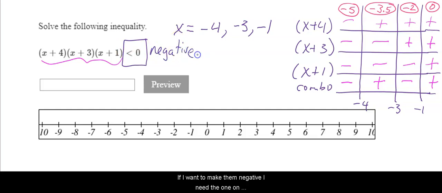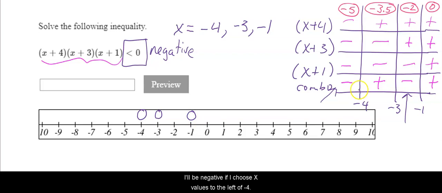If I want to make them negative, I need the one on the far left and the one second from the right. I don't have or equal to 0, so I will have empty balls at negative 4, negative 3, and negative 1.